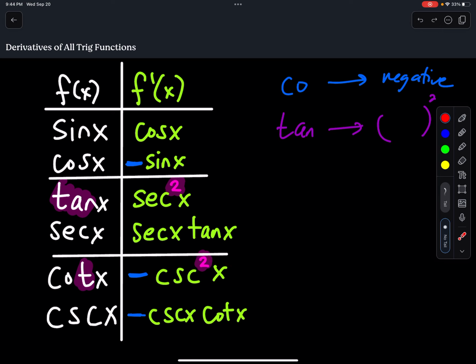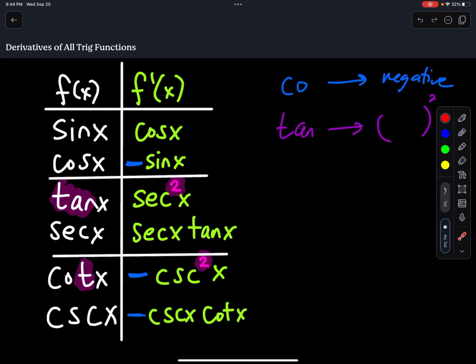So if you think about this buddy idea, which makes me think of an old movie, the derivative of anything with a tan yields a squared. The derivative of anything with a co yields a negative. But for tan or cotan, you're just going to have its secant buddy squared. Tan's secant buddy is secant. Cotan's secant buddy is cosecant.